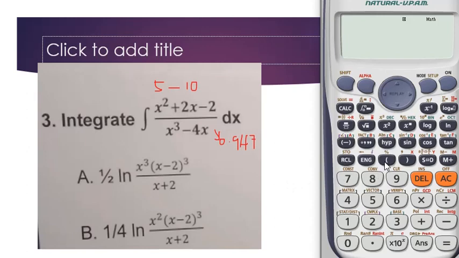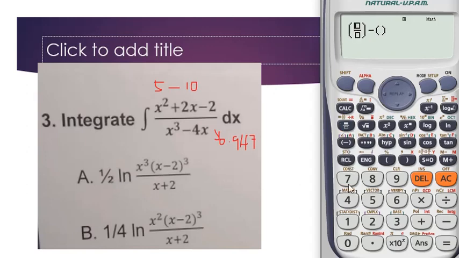From here, just choose two brackets, so that it will be much simpler for us. This is from the highest to the lowest. Let's punch in this expression.